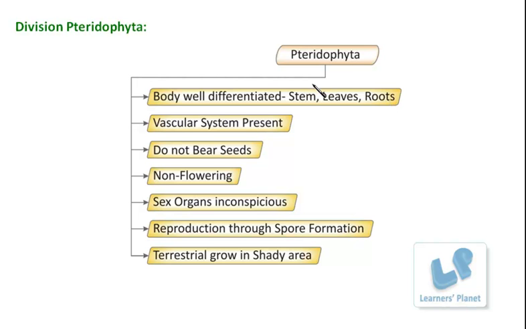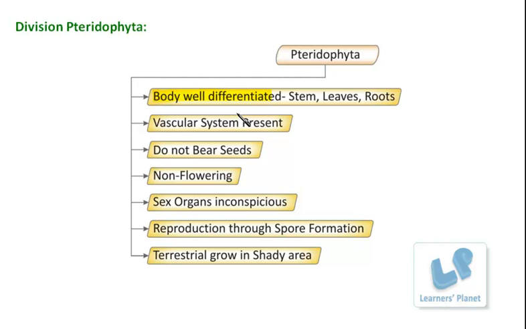So the plants that belong to this particular group, that is pteridophyta, their basic features are shown here in this flowchart. Well, this is just the summary. So let us focus on this now. The very first thing is body differentiation. That means the cells present in these organisms, how are they organized?